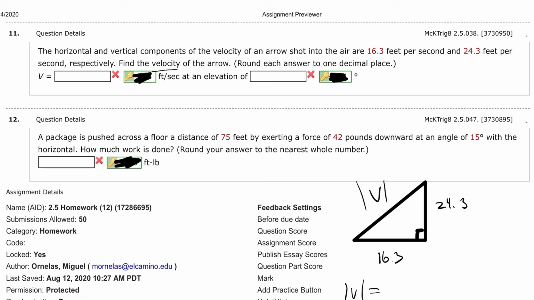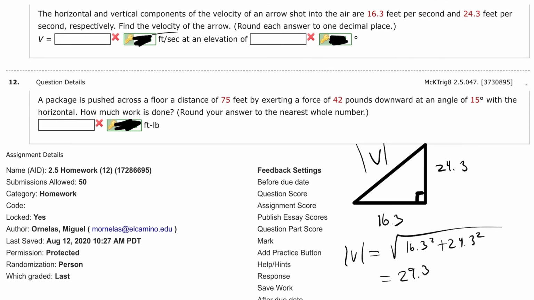The absolute value of v is going to be the square root of 16.3 squared plus 24.3 squared, which is 29.26, and they want us to round to one decimal place, so 29.3, which is the correct answer.